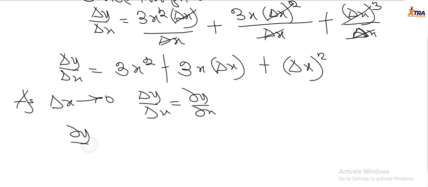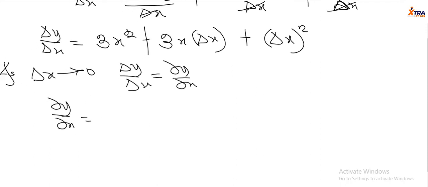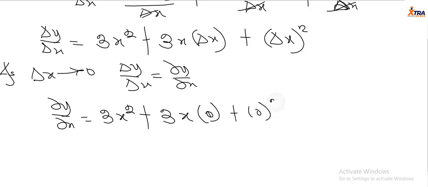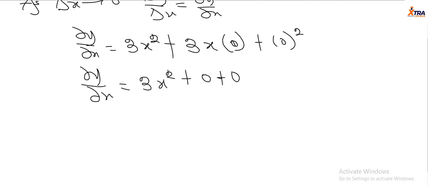So we have dy over dx equals 3x squared plus 3x into brackets 0 plus 0 all squared. So we have 3x squared plus 0 plus 0. So finally we have dy over dx equals 3x squared.